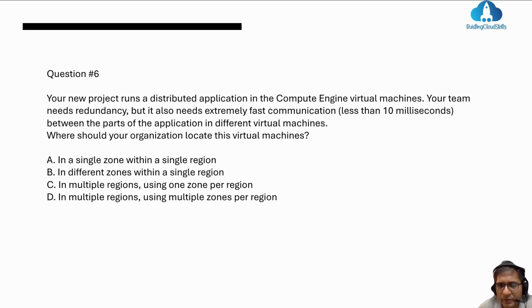We discussed this. So you don't want to use a single zone, because the question is also talking about redundancy. Since redundancy is a factor, you want to withstand a single zone failure, that's why you want to use different zones for your implementation, but you'll be using a single region for this. So that's your right answer, that's your B.